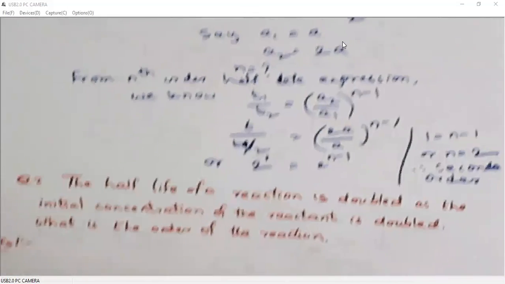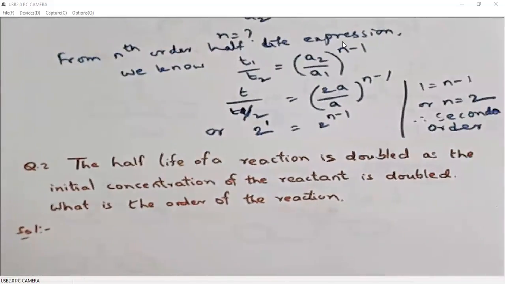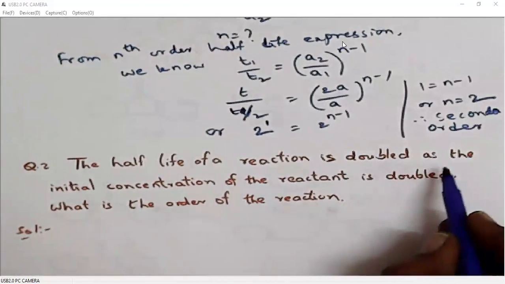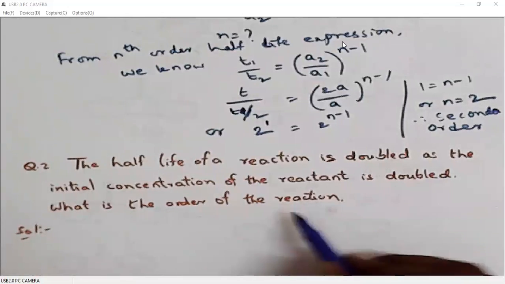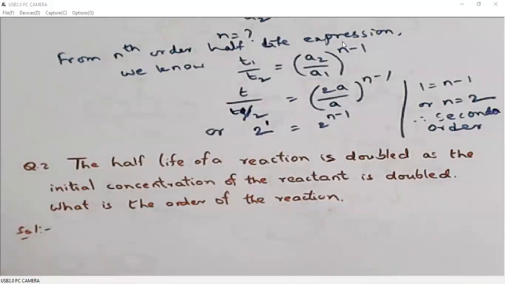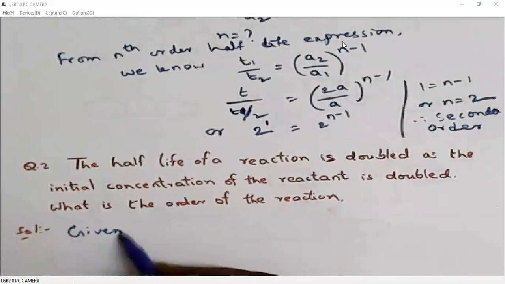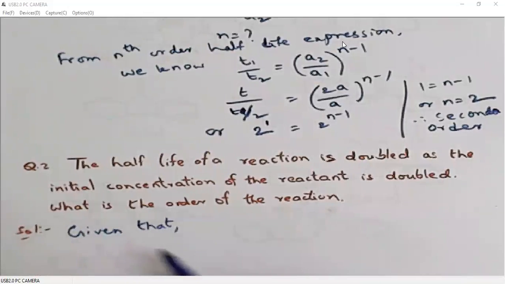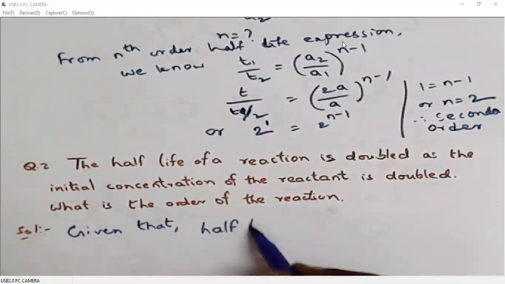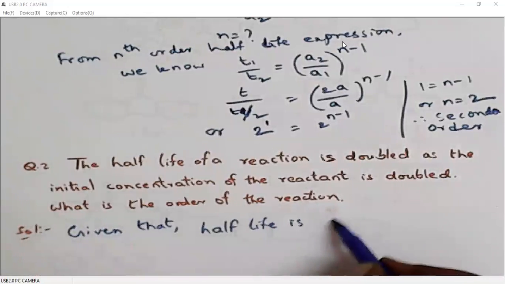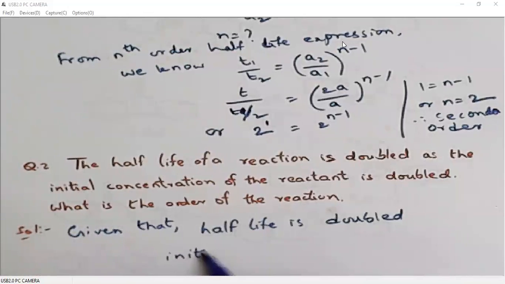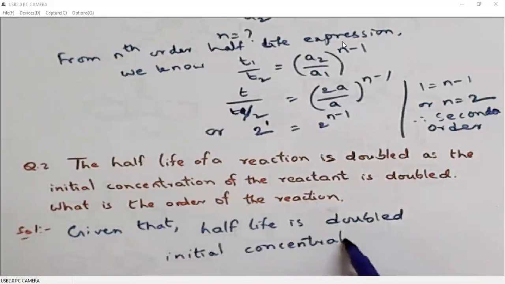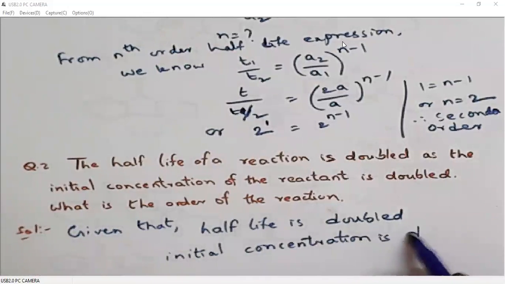We will look at one more problem. The half-life of a reaction is doubled as the initial concentration of the reactant is doubled. What is the order of the reaction? Again, we will write whatever was given. Given that half-life is doubled, initial concentration is again doubled.